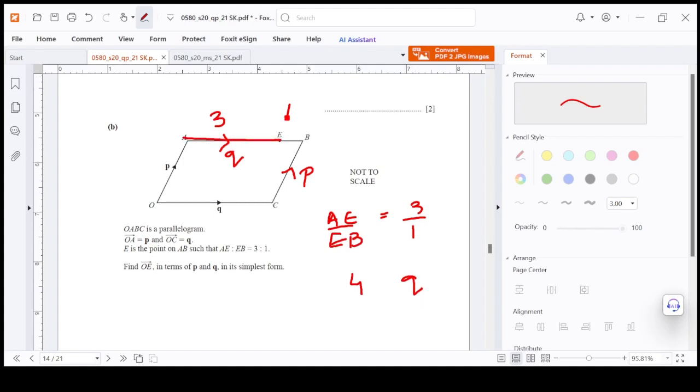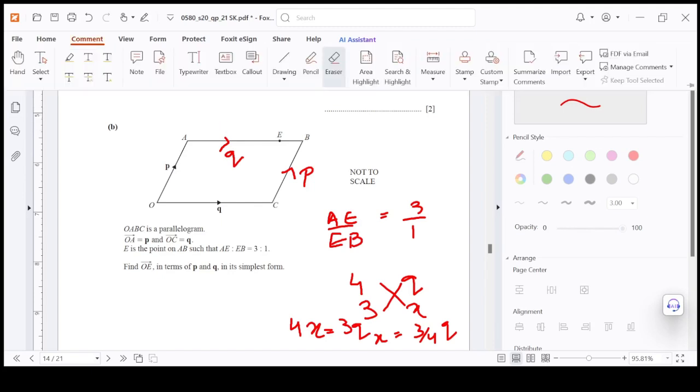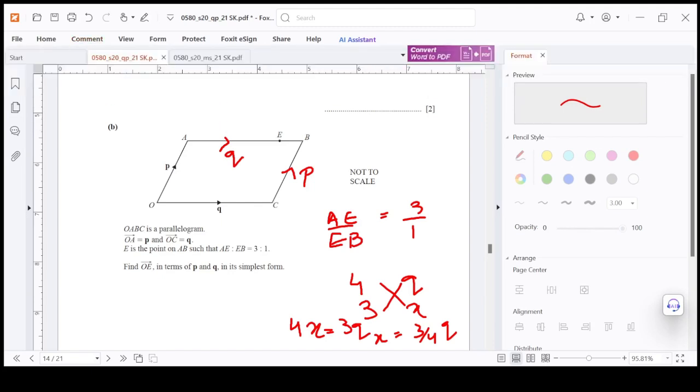So 3 parts represents X. So 4X is equal to 3Q, and X is equal to 3 by 4 Q. You can also do this directly without having to cross multiply. The full line has 4 parts, and A to E has 3 parts. So we write 3 by 4 Q, and similarly this will be 1 by 4 Q.